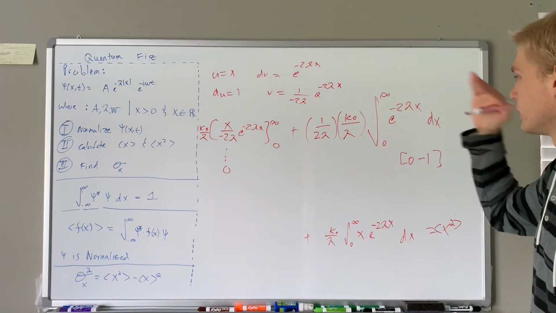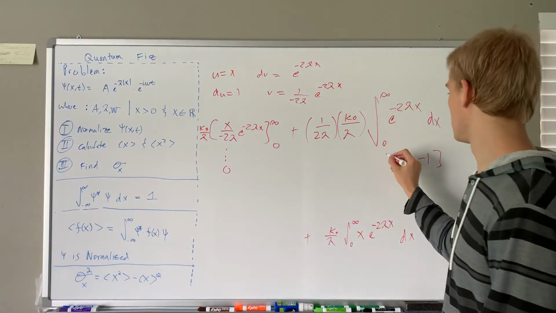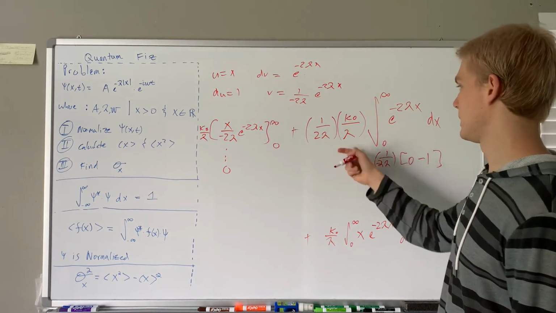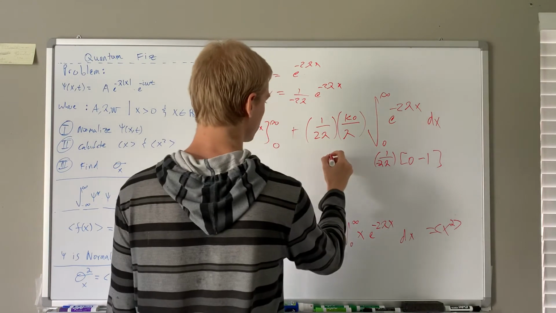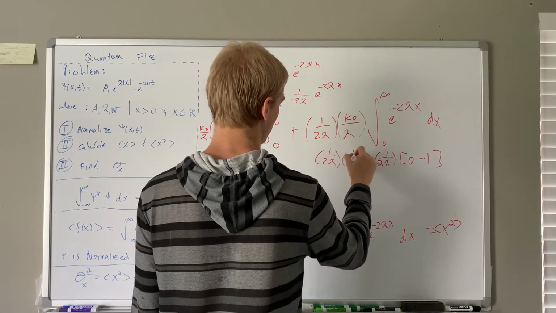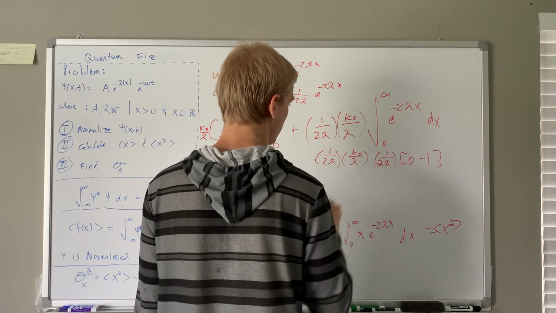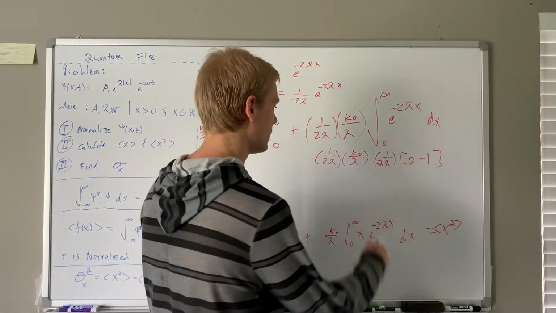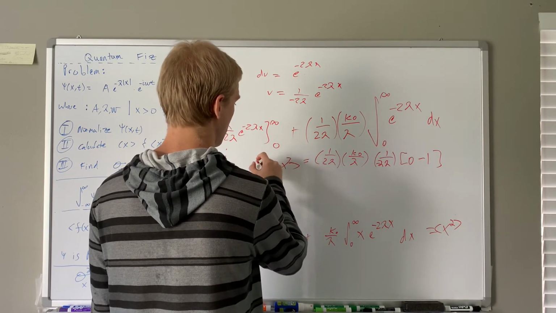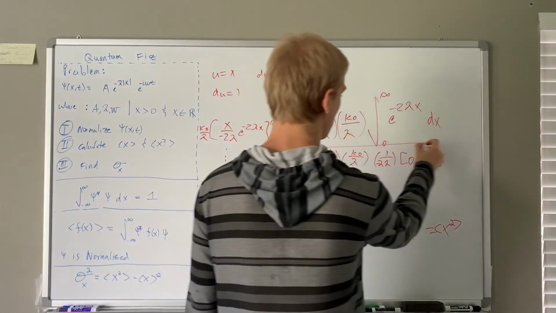So it's 1 over negative 2 lambda as well. Times this guy over here too. So what does that become? It becomes a positive number.